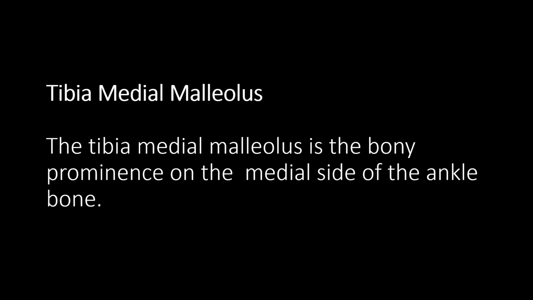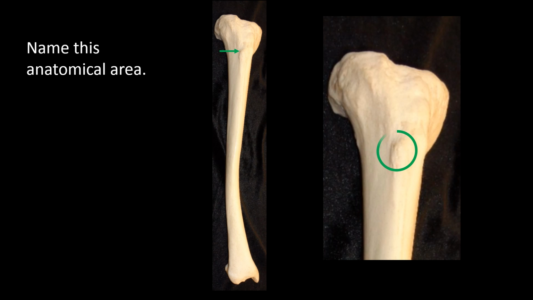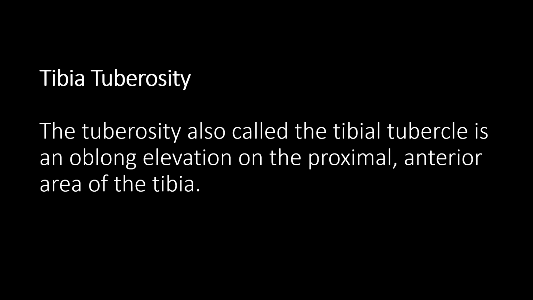Tibia medial malleolus. The medial malleolus is the bony prominence on the medial side of the ankle bone. Name this anatomical area. The tibia tuberosity. The tuberosity, also called the tibial tubercle, is an oblong elevation on the proximal anterior area of the tibia.